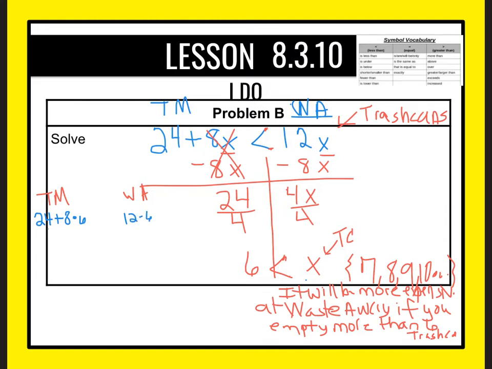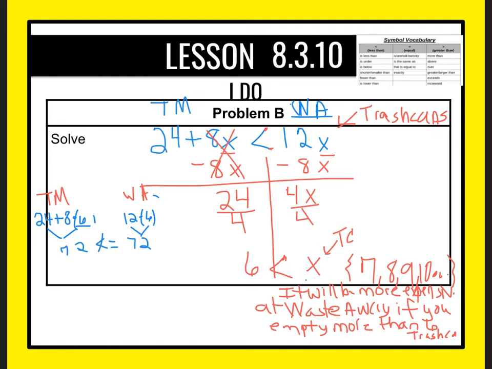When I type this into my Desmos calculator, that gives me $72, and 12 times 6 is also $72. So this would not make this inequality true. This would be not true because at 6 trash cans, both establishments cost the exact same thing.